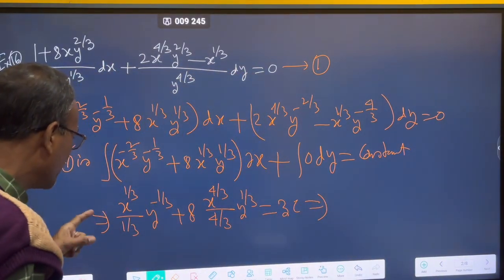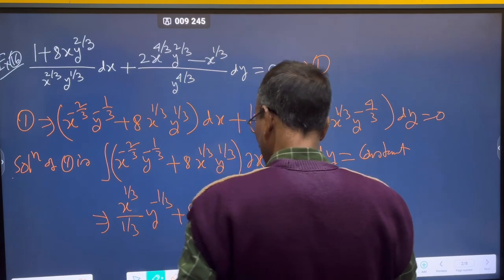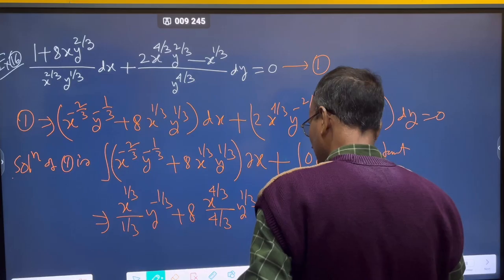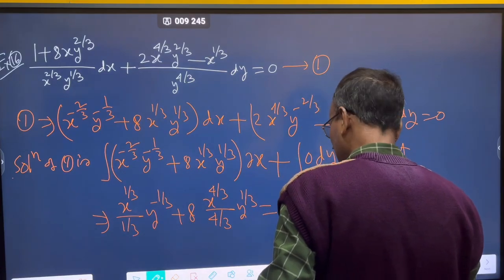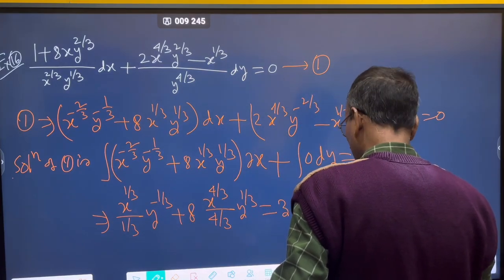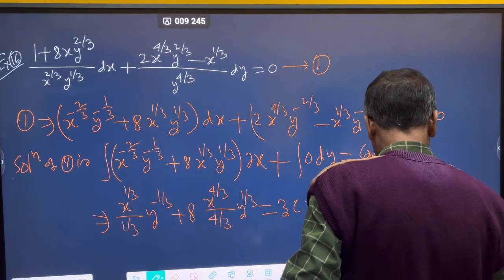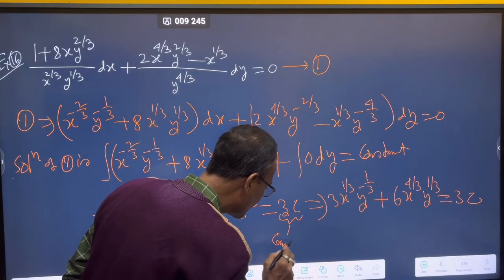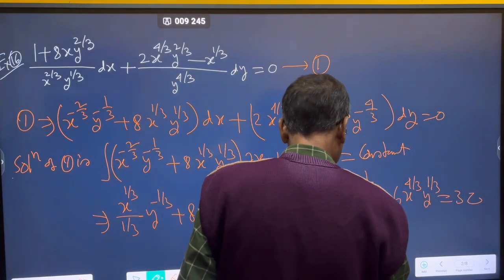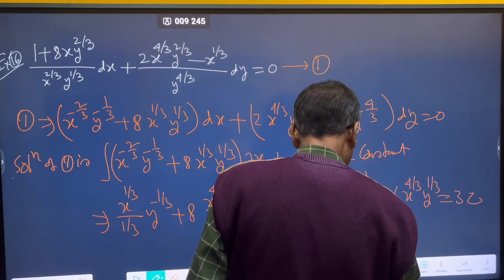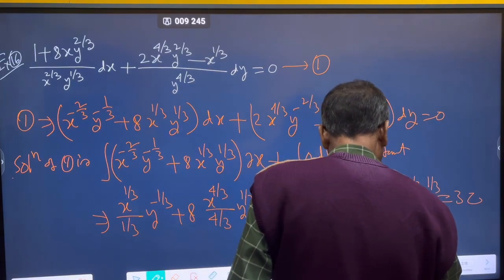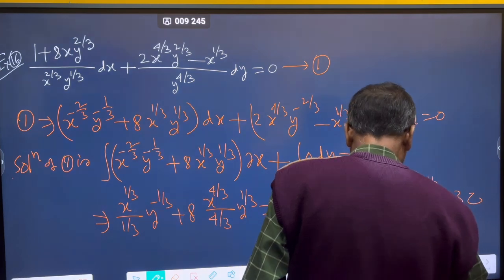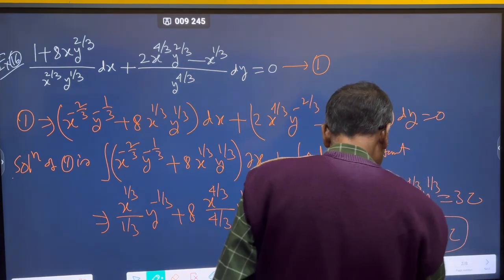This means 3 times x to the power 1 by 3 y to the power minus 1 by 3 plus 6 x to the power 4 by 3 y to the power 1 by 3 equal to 3c. 3c is an arbitrary constant. This means x to the power 1 by 3 y to the power minus 1 by 3 plus 2 times x to the power 4 by 3 y to the power 1 by 3 equal to c. This is the solution of the given differential equation.